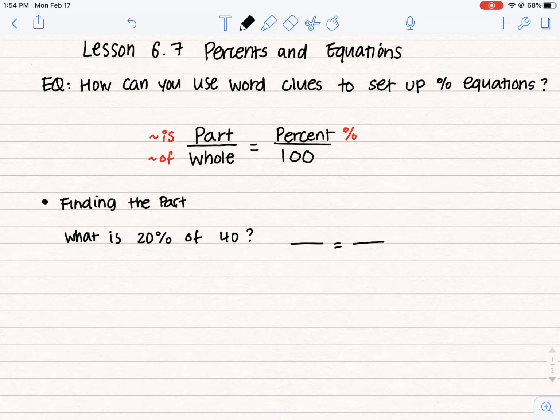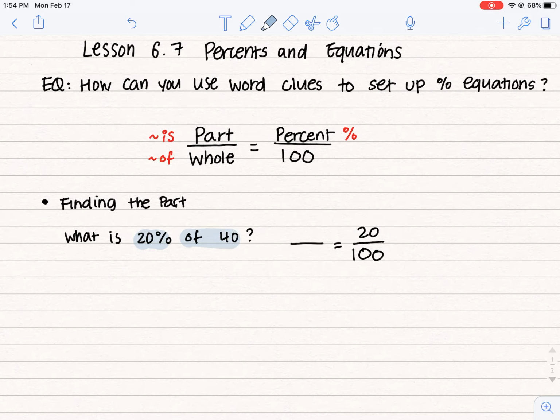First I have 20%, and that is always going to be over 100. So I'm going to put 20 on the top. I don't have to use the percent sign on the top or on the bottom. 20 over 100 is just 20% when you change it into a percent sign. So 20 over 100.